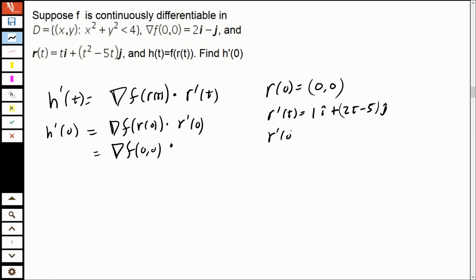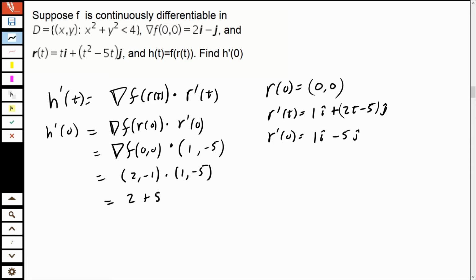So r prime of 0 is 1i minus 5j, so that's dot 1, minus 5. Then it tells us the gradient here: 2, minus 1, dot 1, minus 5, which equals 2 plus 5, which is 7. That's my answer.